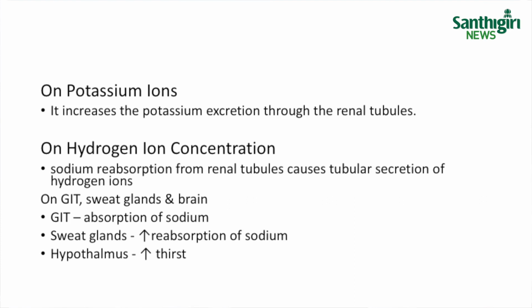Coming to the hydrogen ions, when we study the next chapter, acid base balance, you will be clear about the role of hydrogen ion and the relationship between hydrogen ion and sodium. When sodium is reabsorbed in the lumen, in exchange it helps in the elimination of more hydrogen ions, so that the acid base balance is maintained.